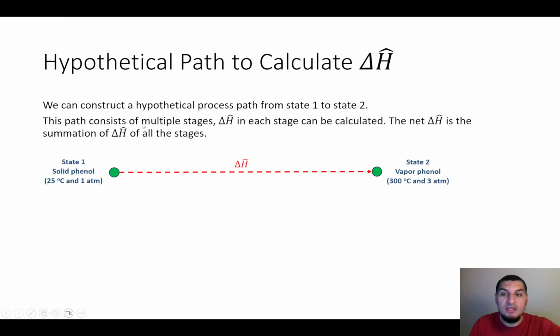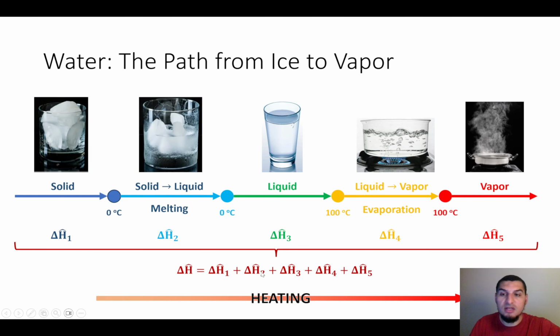And this is what we call a hypothetical path, where we come up with steps for changing enthalpy from here to here. And what we're going to do is calculate the enthalpy difference for each one of these steps until we reach from here to there. And again, this is what we said here, that we cannot calculate the enthalpy difference from here to here directly, so we broke this into different parts. So this is what we are going to do here.